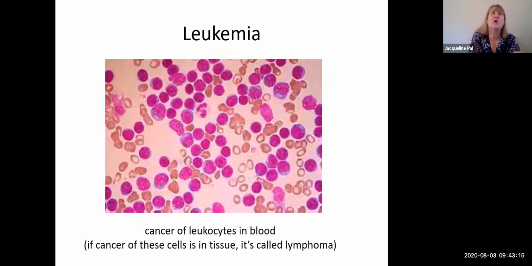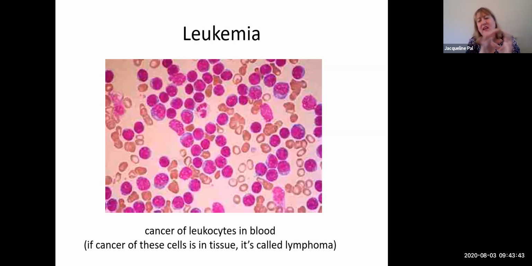Okay, so disorders of white blood cells. Hopefully if you understand that white blood cells can be both in blood and tissue, then we can have problems with white blood cells both in blood and tissue. Most of you have heard the term leukemia before, and leukemia basically is just the malignancy of the white blood cells, the leukocytes, white, emia, blood, when they're still in the blood.